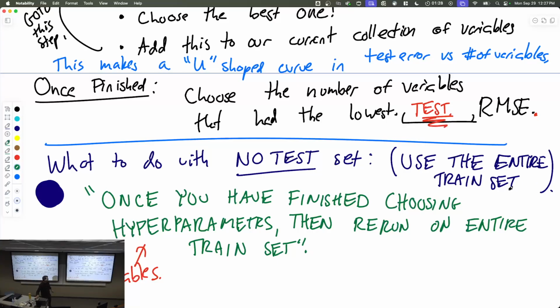And the reason is, that way you can use a slightly larger set. This set is smaller because we held out some for the test set. This set will be slightly bigger, slightly more data, and so you should have slightly better performance. And this matters when you submit on the leaderboard, you will submit this thing. This is the thing we actually want at the end of the day. So this is a step people often forget, so it's worth writing down in all capital letters so you don't forget it. Questions or comments about this one?